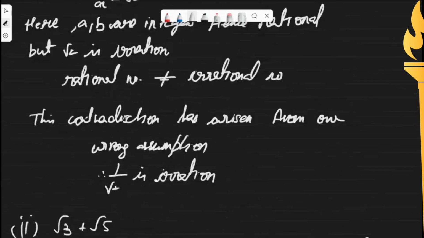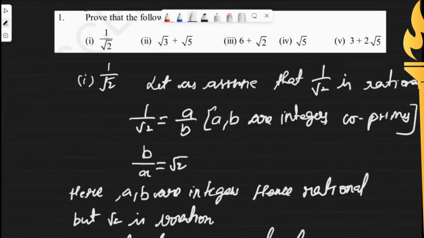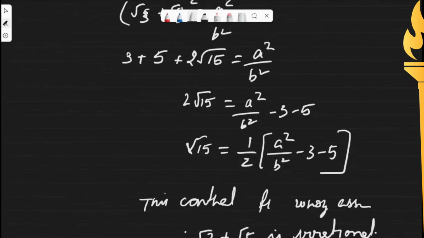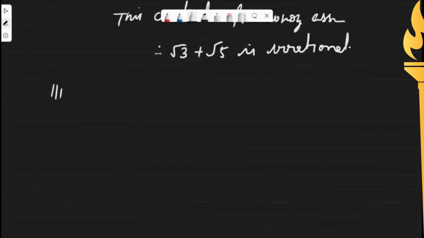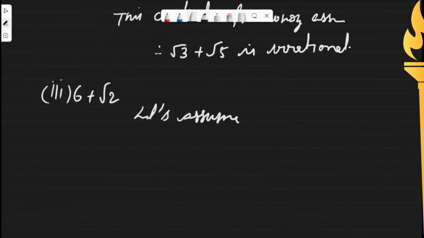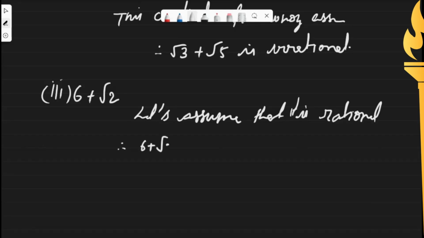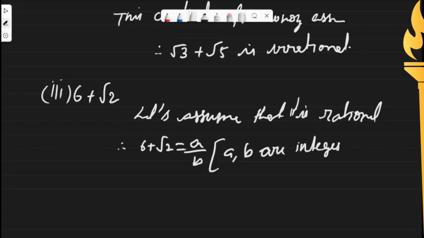Next, the third one we have here is 6 plus root 2. It is also a very easy sum. Again, let us assume that it is rational. Therefore, 6 plus root 2 is equal to a by b, where a and b are integers and co-primes.